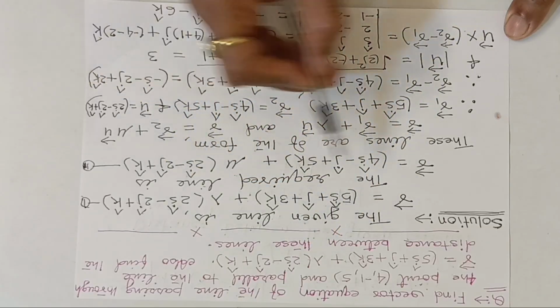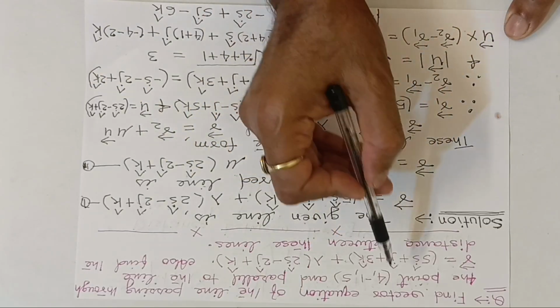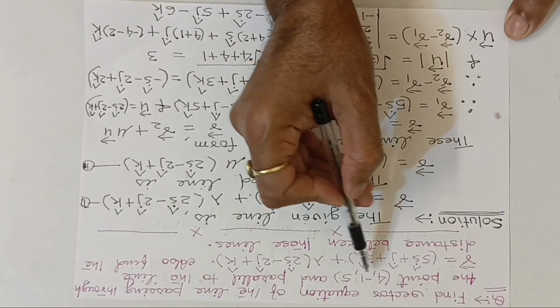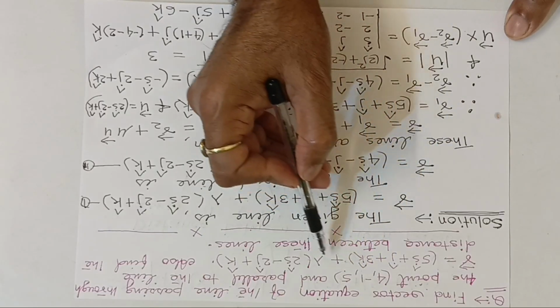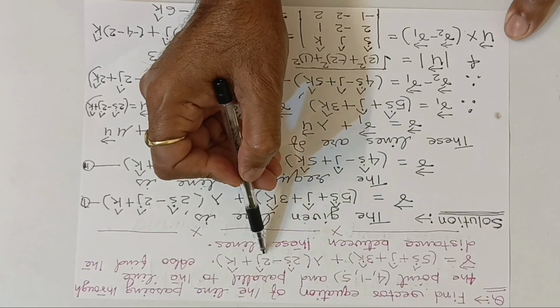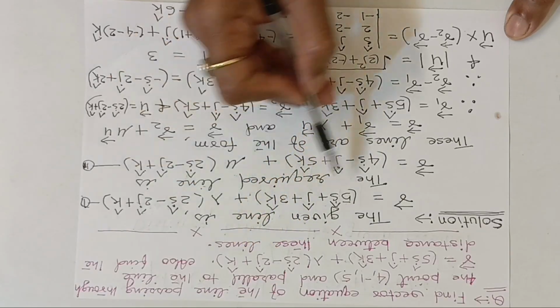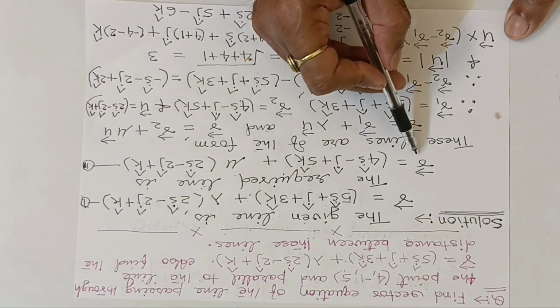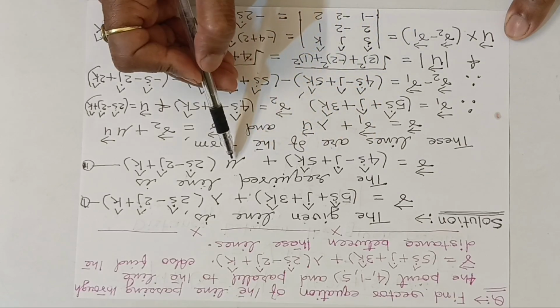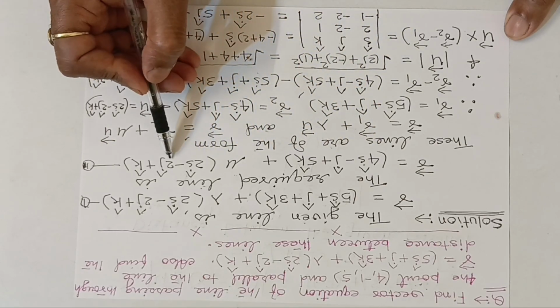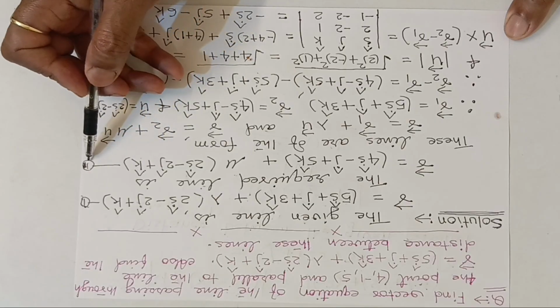The required line is vector r = 4i - j + 5k + mu (2i - 2j + k), equation 2.